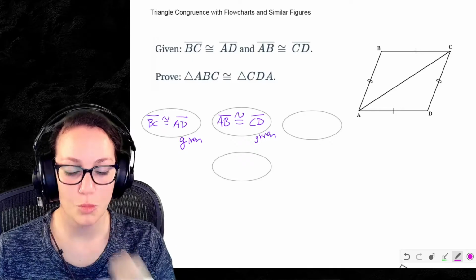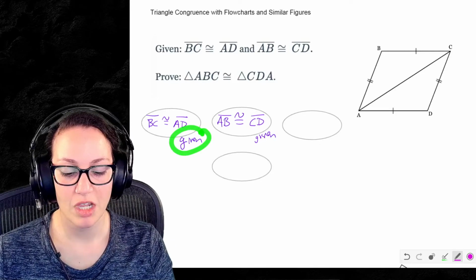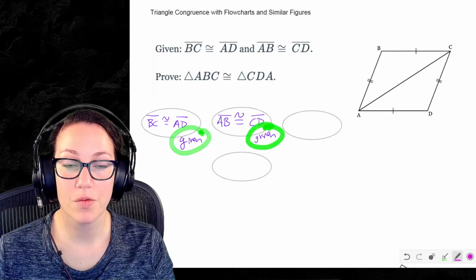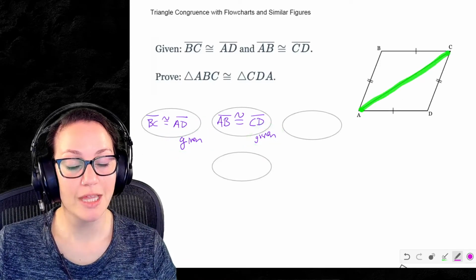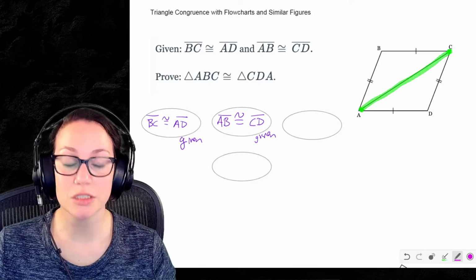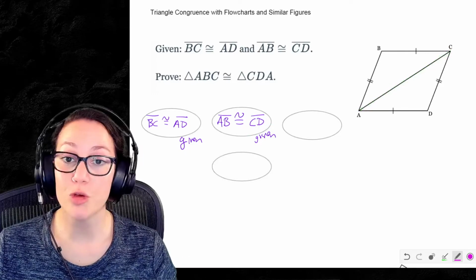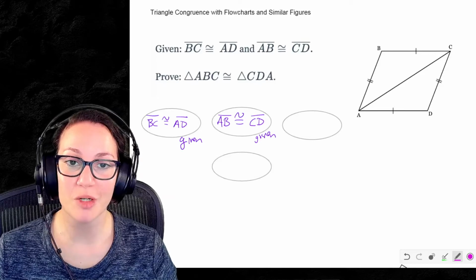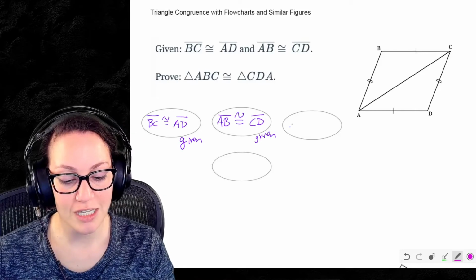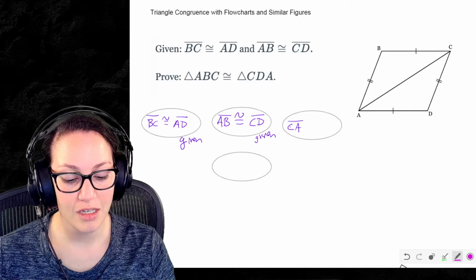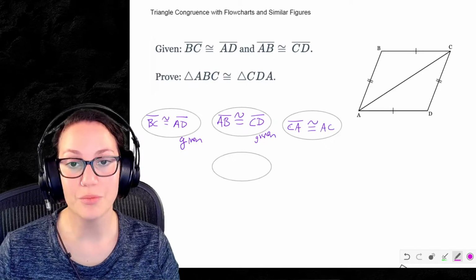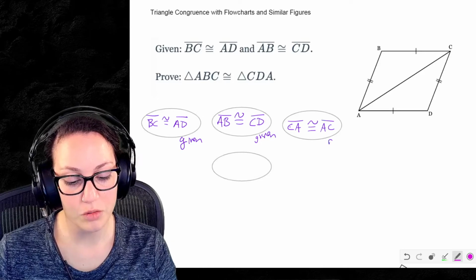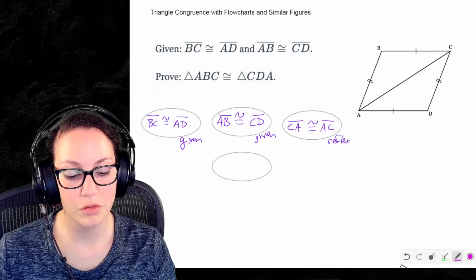Think. We've got a side and a side. So, how about this? Check that out. It's part of both triangles. So we can actually use our friendly old reflexive property again. So let's do that. We're going to say that line CA is congruent to line AC. And that's, again, because of the reflexive property.